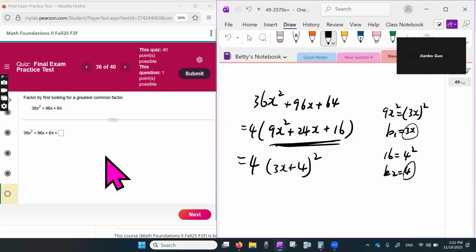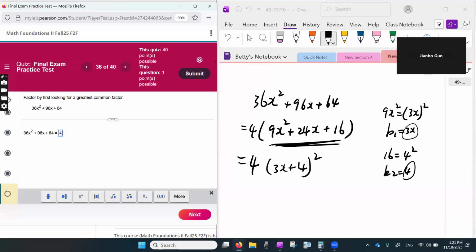We have 4 times parentheses to the power of 2. In the parentheses, 3x plus 4.